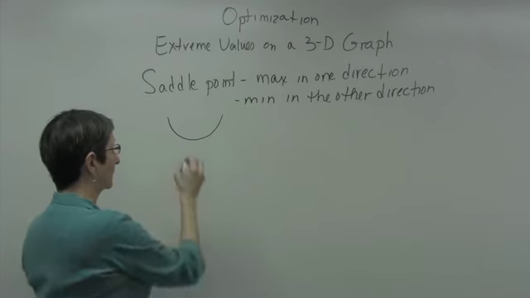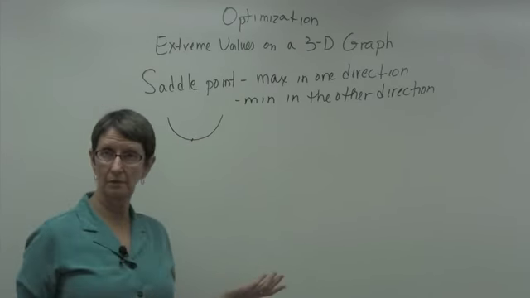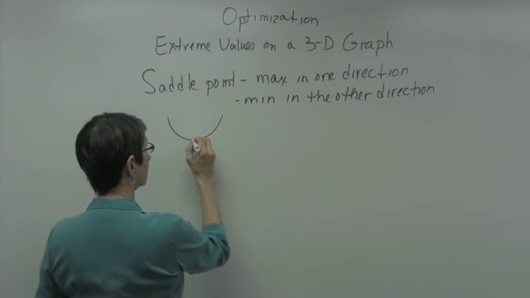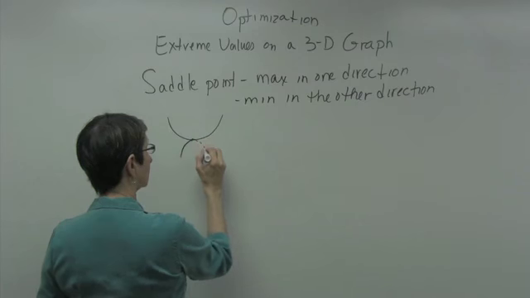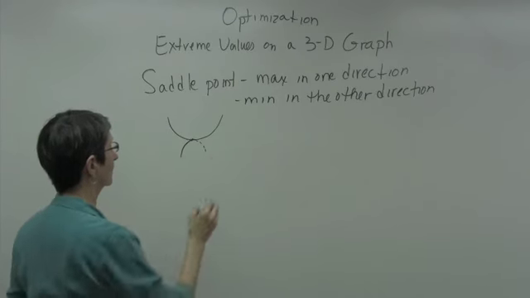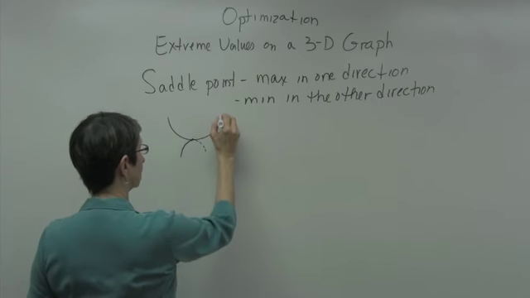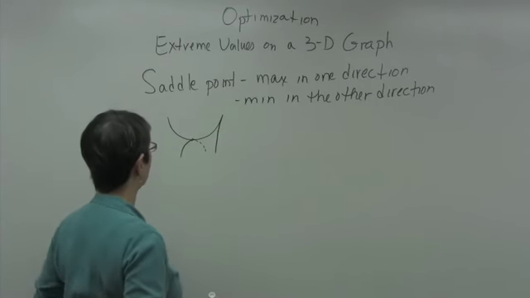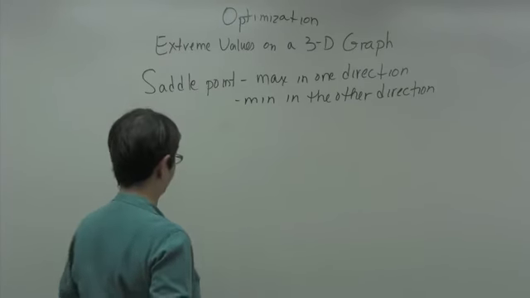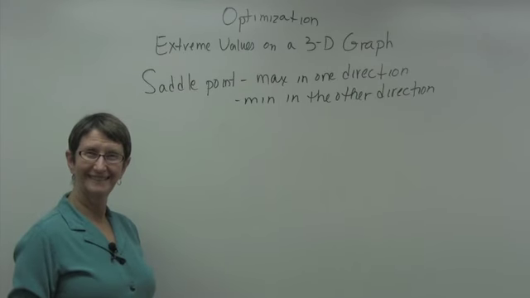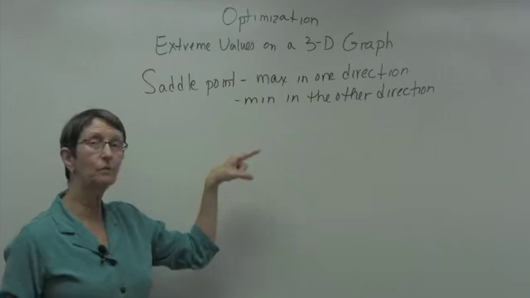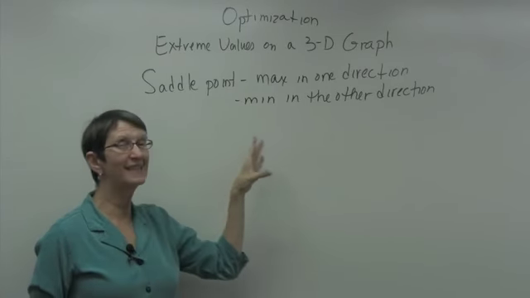So this point right here would be a minimum. Looks like a bottom of a parabola. But how about if our surface goes down in the other direction? See if I can get this to look kind of right. Nope, can't do it. So a saddle point is a maximum in one direction and a min in the other direction.